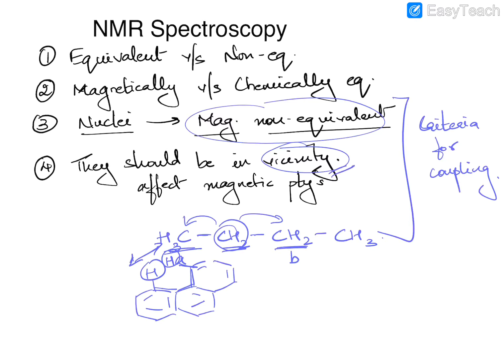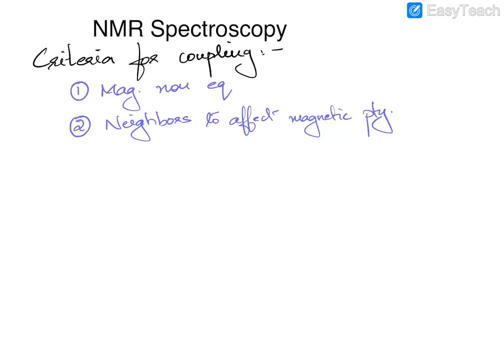So vicinity is only in space such that the two nuclei can affect each other's magnetic properties. So the criteria to couple is that they should be magnetically non-equivalent, and they should also be neighbors such that they can affect each other's magnetic property. Only such nuclei are capable of coupling with one another.